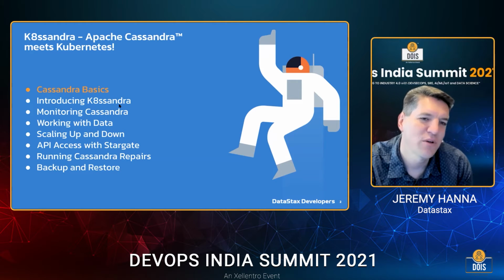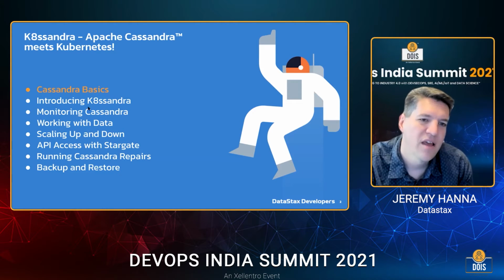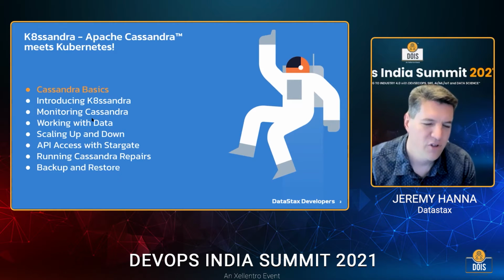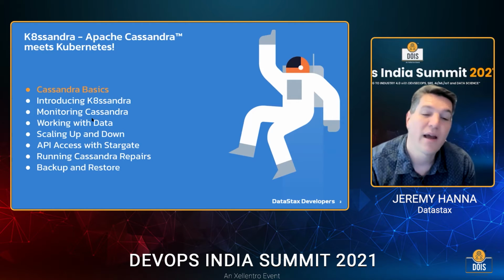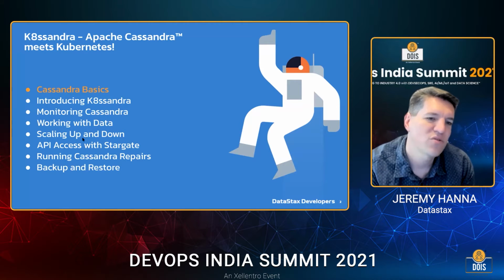K8ssandra is a combination of Kubernetes and Cassandra, and then go through the various things that are needed for running Cassandra well in a Kubernetes environment, and how K8ssandra can help with that, from operator, Helm charts and configuration to best practices with the database, and doing everything that you would need to do for the day 2 operations for the database, such as repairs and backup and restore and scaling and all of that kind of thing. So that's what we're going to be covering today.